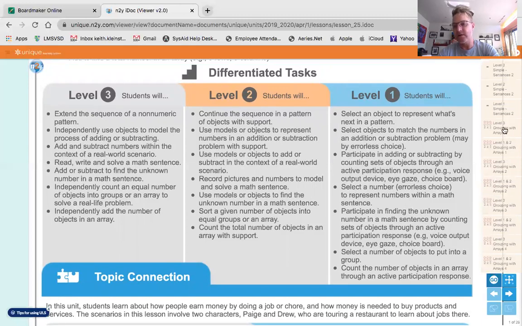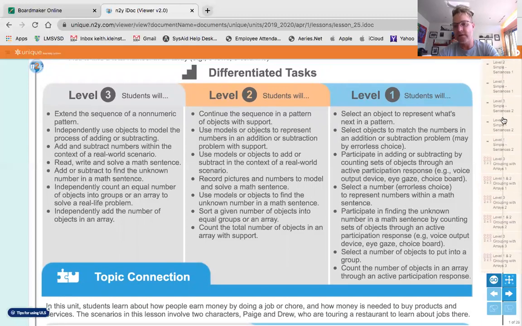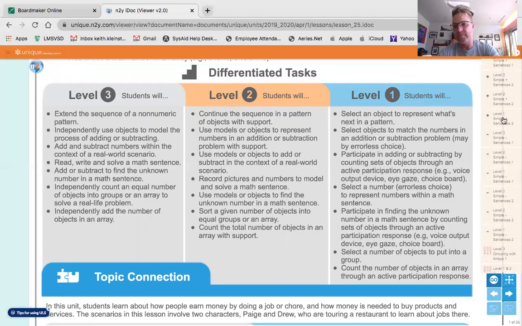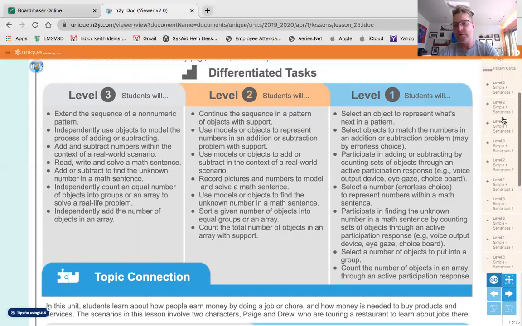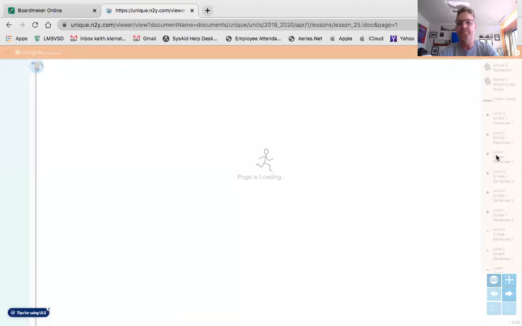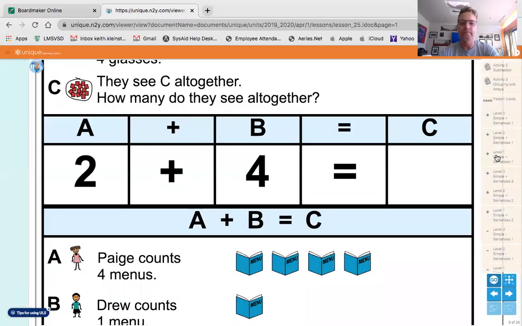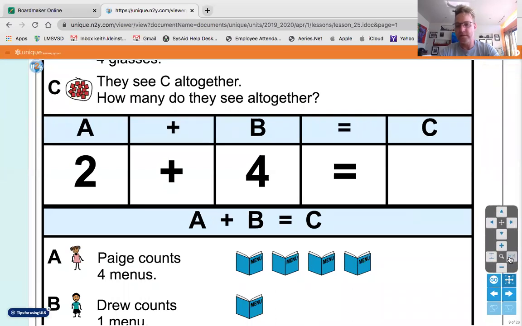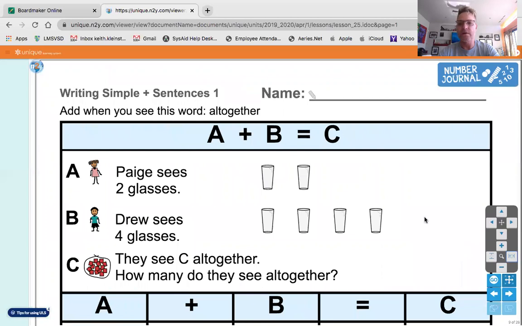Again, we do this on our interactive smart TV. So we're going to the level 1. I want to make this smaller so you can see it, so you can have your child follow along on their device. Okay, so writing simple sentences.